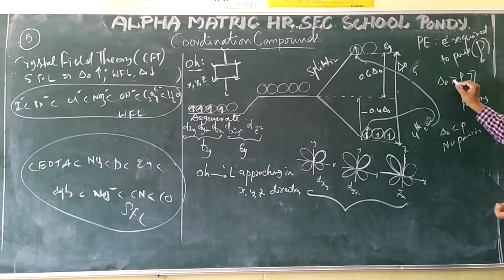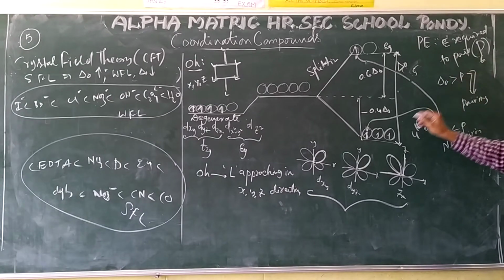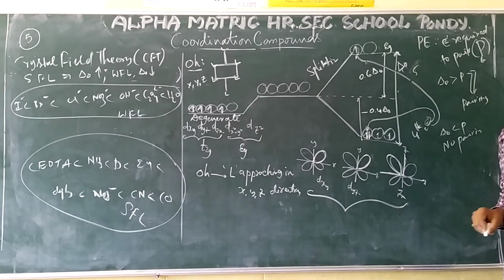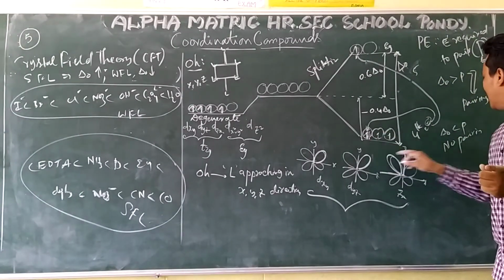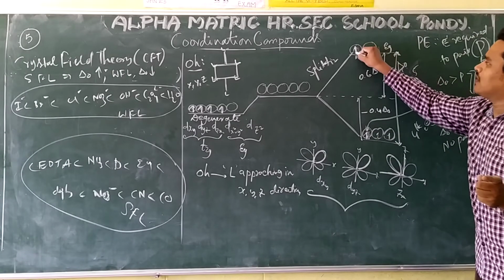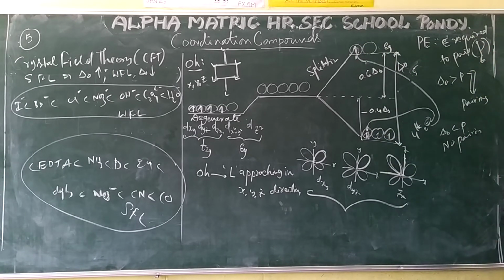If delta naught is greater than pairing energy, pairing is going to occur. The 4th electron will be here. If delta naught is less than pairing energy, the 4th electron will be here. That is what you can say. These are pairing decisions based on the given pairing energy and crystal field stabilization energy.